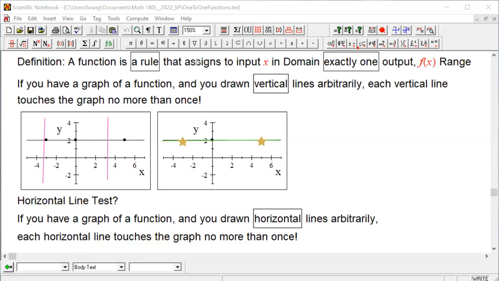So this input and the other input, and their outputs are identical. So when you draw the horizontal line, you saw that different inputs produce identical outputs.